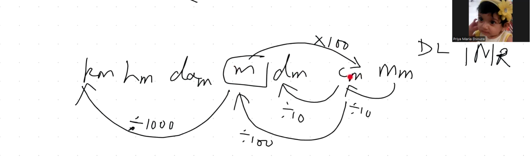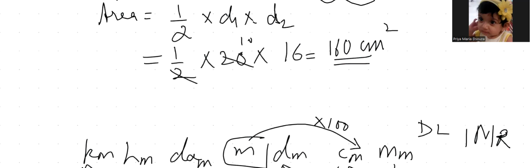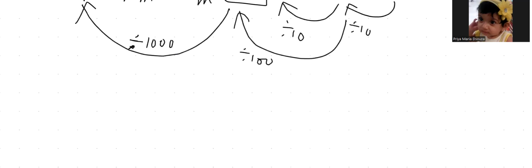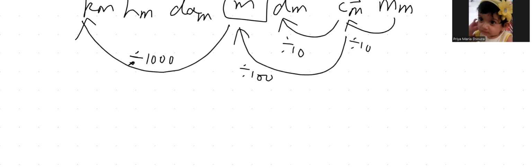If I want to go from meters to millimeters, I'll have to multiply by 1000, because one jump, two jumps, three jumps. So you should know the conversion. Not that I will ask you in these 2 markers, but you should know the conversion. And area is centimeter square. Perimeter, length, all this will be in centimeters, since it's only one dimensional. That also you should know.